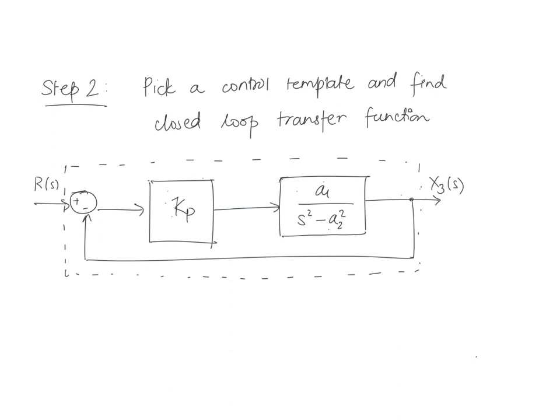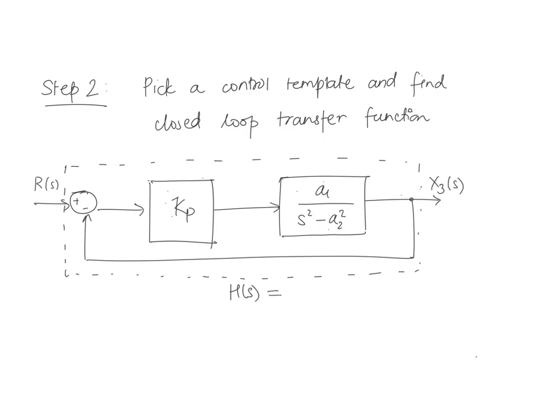What you need to do is analytically work out what this closed loop transfer function will look like. If you decide to go with a proportional control, this will be Kp here. If you go with a PD control, it will be Kp plus Kd times S, and so forth. I gave you 3 templates before. Let's call the closed loop transfer function h of s.